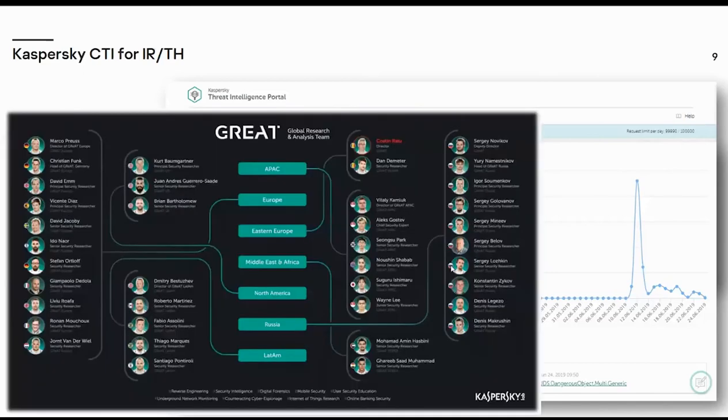Of course, this all comes into action because of our global research and analysis team. This is our elite team of security researchers that carry out security research, cybersecurity research, globally for us. Three members of the team, actually, at the moment reside in the Middle East region, and they speak our language.